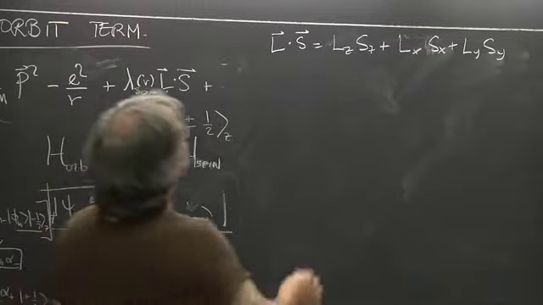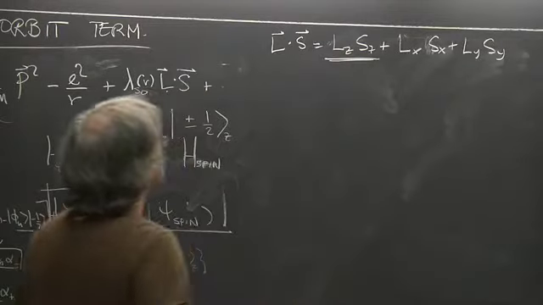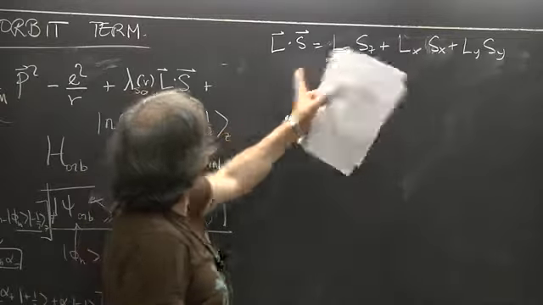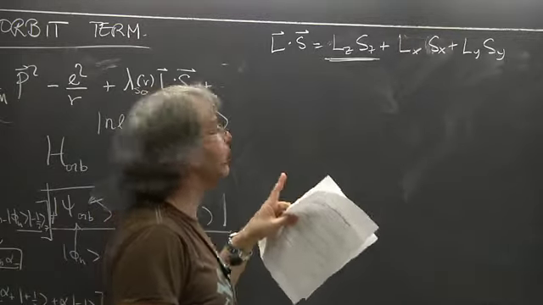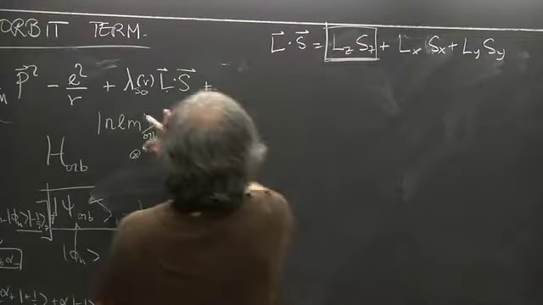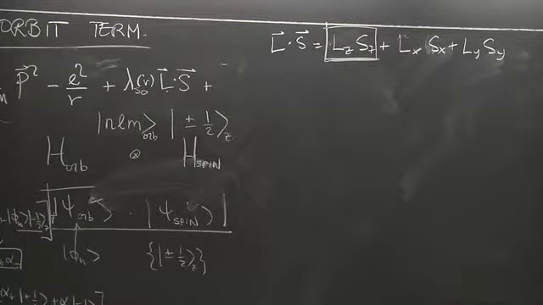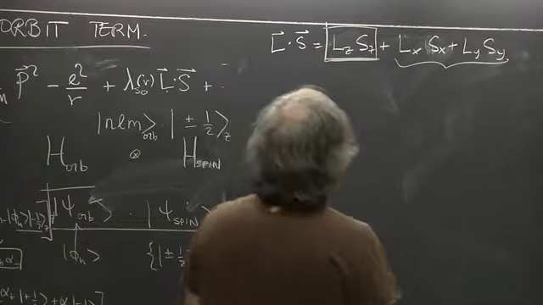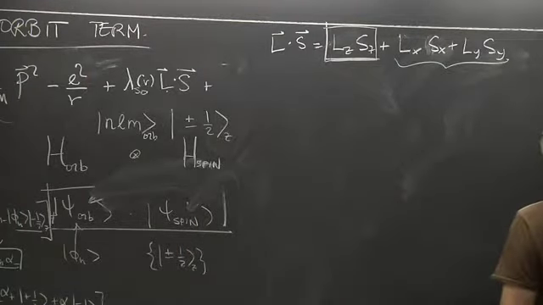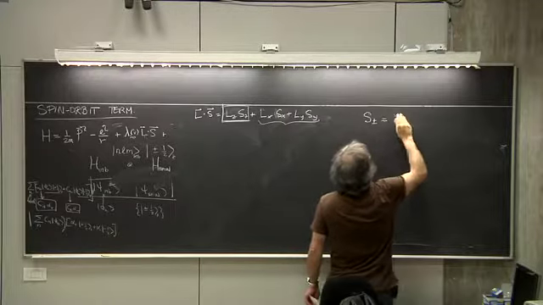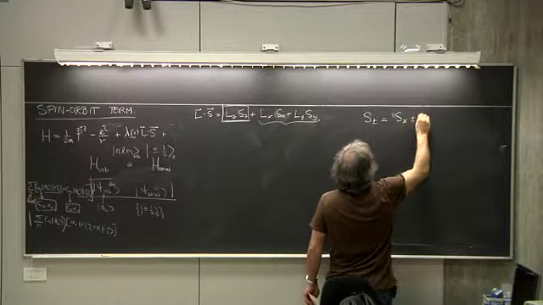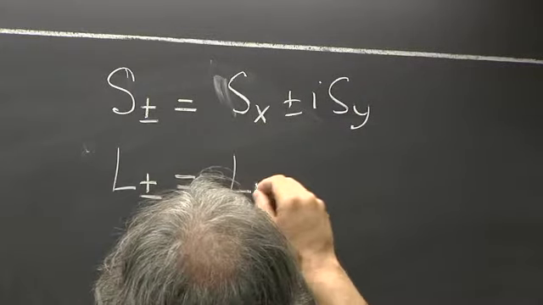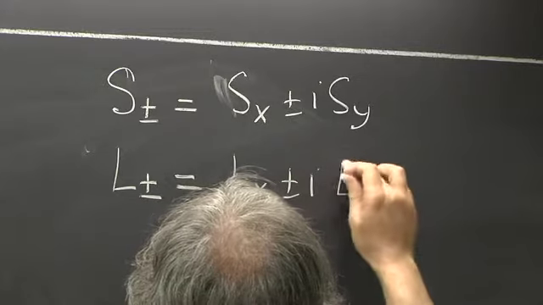Now, if it was only for this, there would be no problem because these are eigenstates of Lz and Sz separately, and therefore this object really respects them. They remain like that. But now let's look at the effect of these two objects. I can rewrite them. You remember that I defined S plus and S minus to be Sx plus or minus i Sy, and in the same spirit L plus and L minus are Lx plus or minus i Ly.